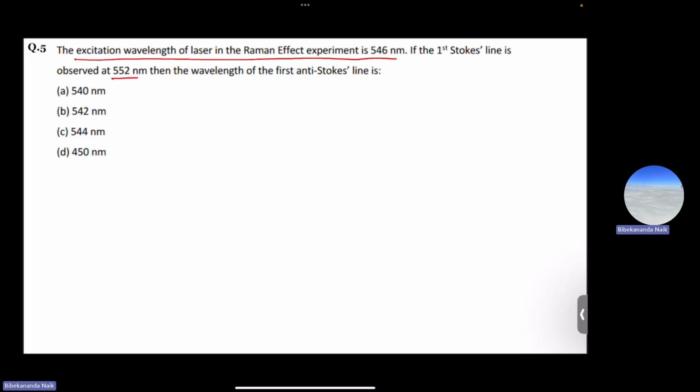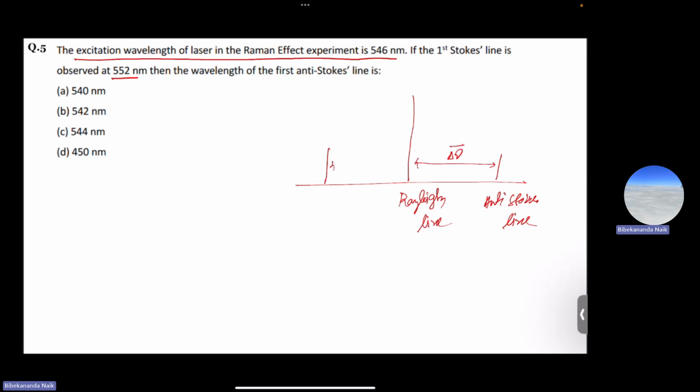So if you remember, this was the spectra, this was Rayleigh line, this was anti-Stokes line, and this was Stokes line.